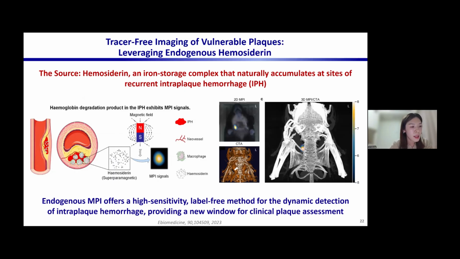Our analysis revealed that this natural signal originates from hemosiderin, which is formed during the degradation and aggregation of hemoglobin after a bleed. We successfully detected these signals in both mouse models and human carotid artery specimens. Although the signal is very weak, it is still detectable by MPI.